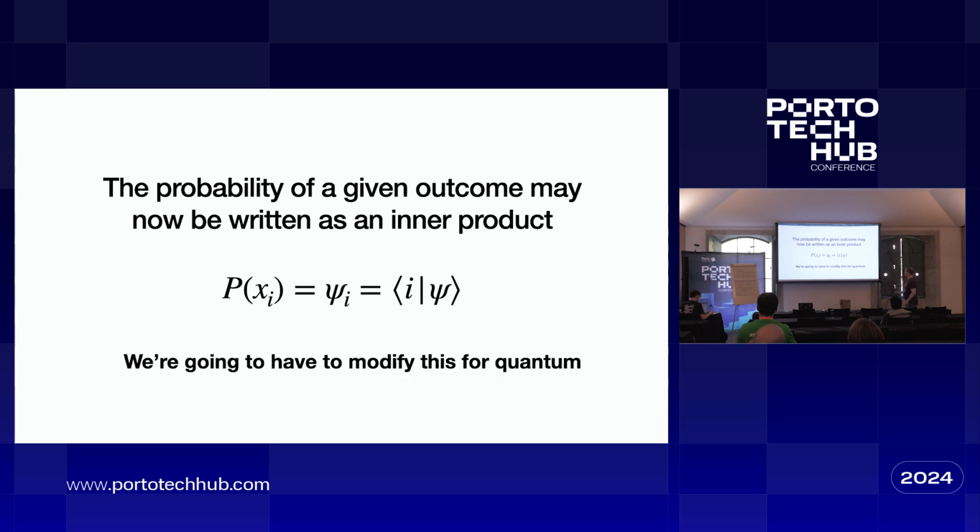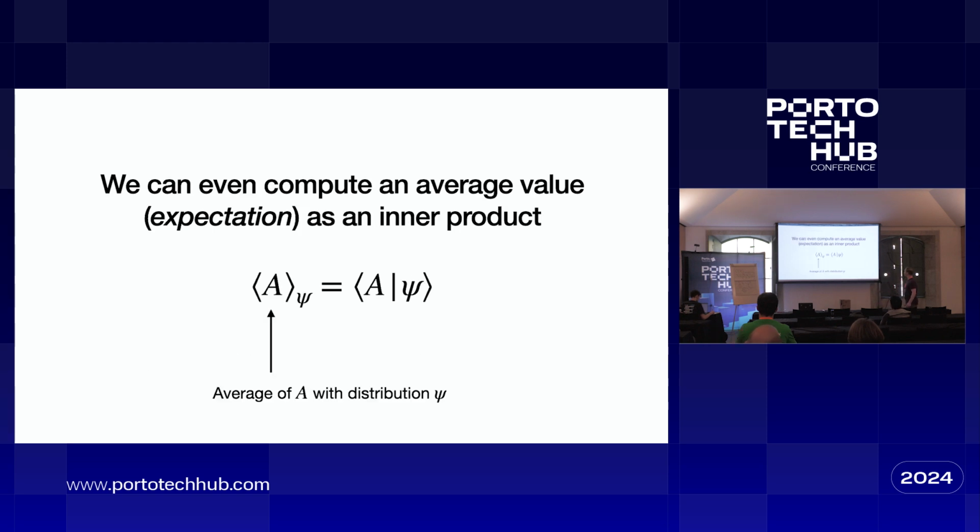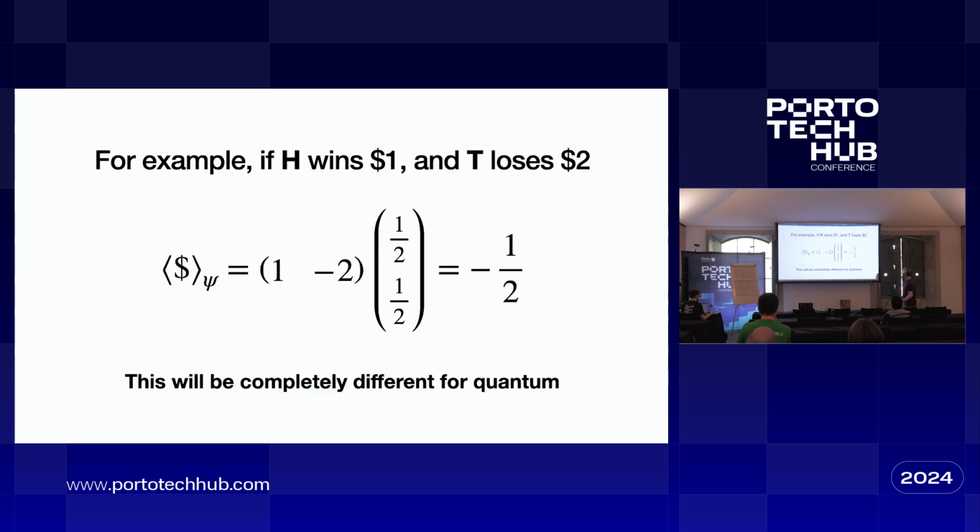This is going to be a little bit different in quantum. We can even think about, this is a bit silly, we never do this, but we can even think about computing the average value of some observable quantity in terms of an inner product. So imagine if I had some game where if I flip a heads, I win $1, and if I flip tails, I lose $2.